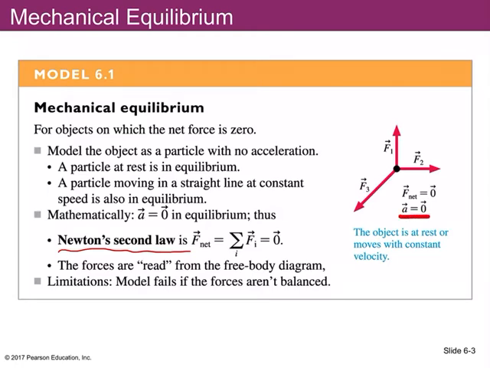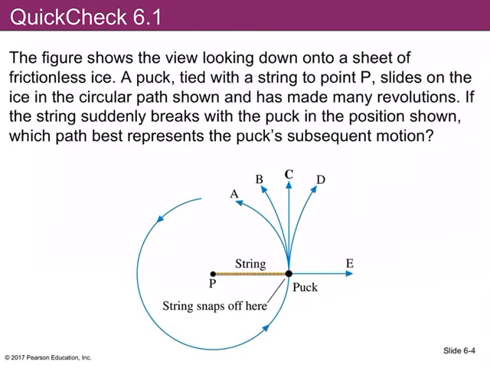So if we're saying that the acceleration is 0, then the net force has to be 0 because anything times 0 would equal 0. Also in chapter 5, we looked at things like this, which was a free body diagram. You can see all of these forces are pulling in different directions, but ultimately they are in equilibrium.